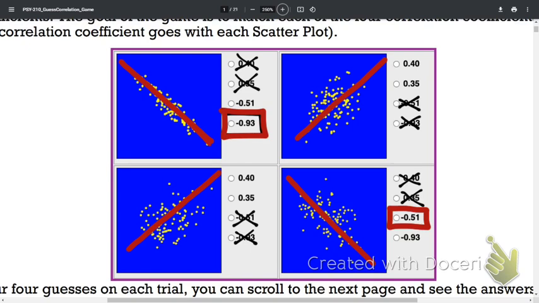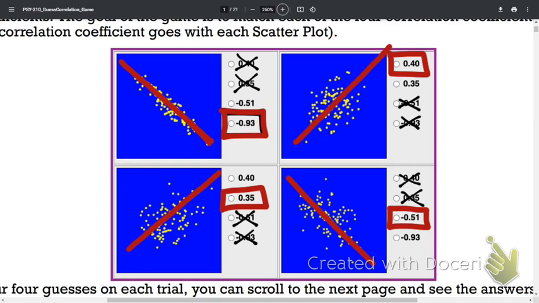But this one to me looks a little bit more like a line because I've got these pieces that are clustered together right there, that if I draw the line in, it hits them perfectly. So I think this one is probably my 0.4, and this one would be my 0.35. Doing okay with that? Okay.